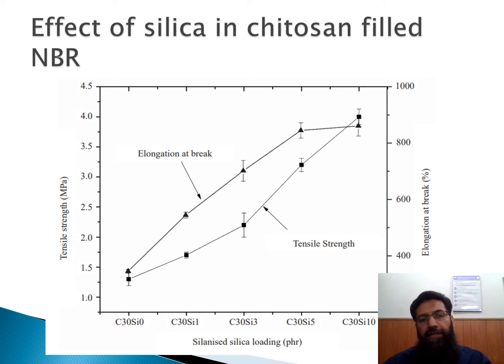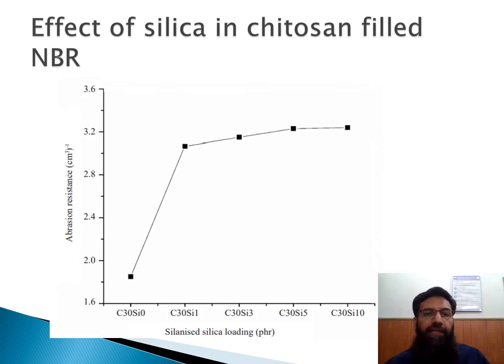As we increase the silica loading up to 10 PHR, you can see there is an increase in the tensile strength and also in the elongation at break. That increase shows that the silica can be used with other biofillers, just like the chitosan, and it would help us provide better mechanical performance as compared to the chitosan.